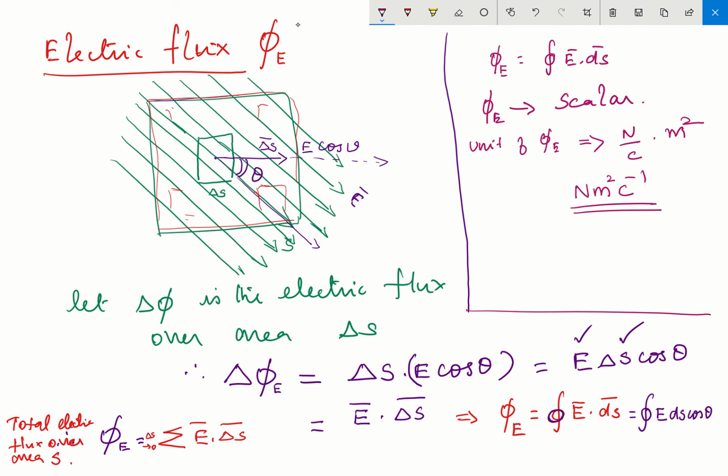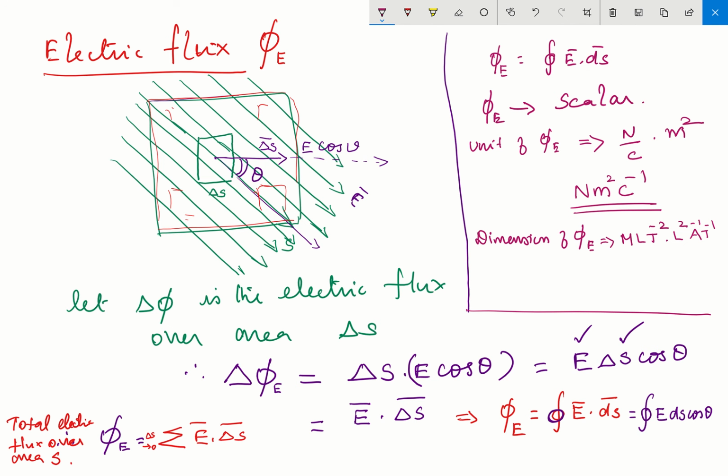Now let us go for dimension. Dimension of phi. You tell me. Newton means M L T power minus 2. Then meter square, L square. Then per Coulomb, Coulomb inverse. Coulomb means A T, therefore A power minus 1 T power minus 1. Hope you're following. Newton is M L T power minus 2, meter square, and per Coulomb gives A power minus 1 T power minus 1.